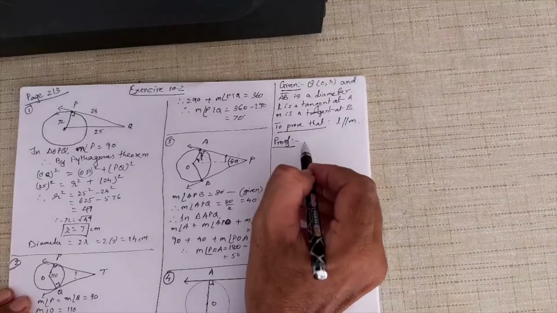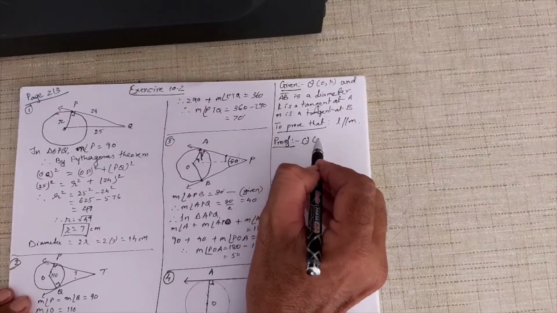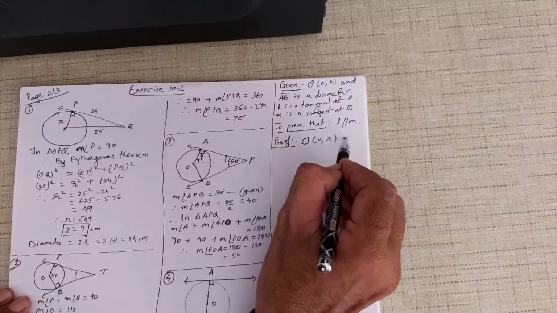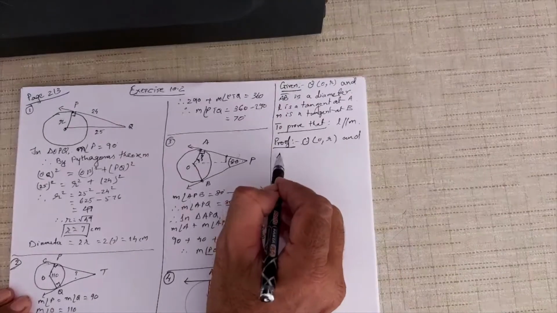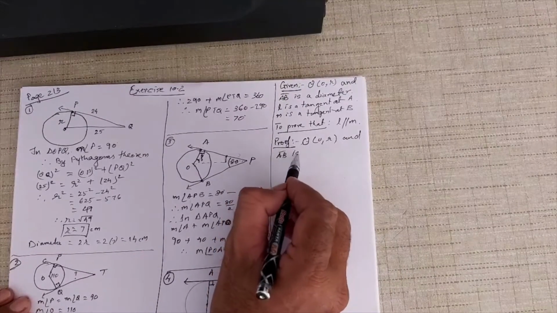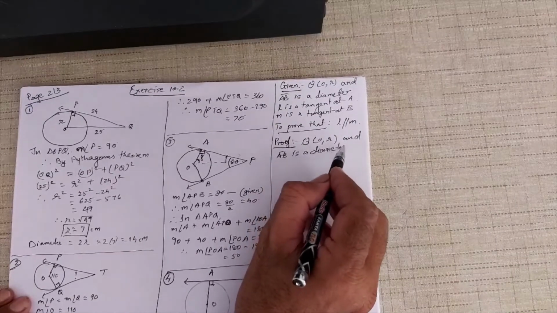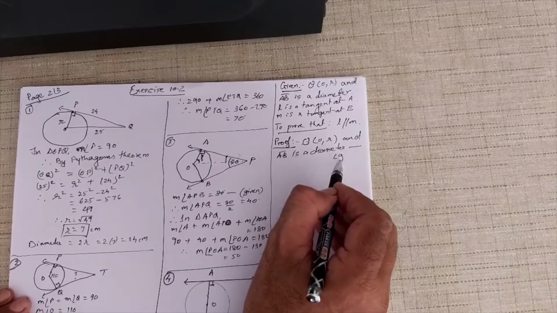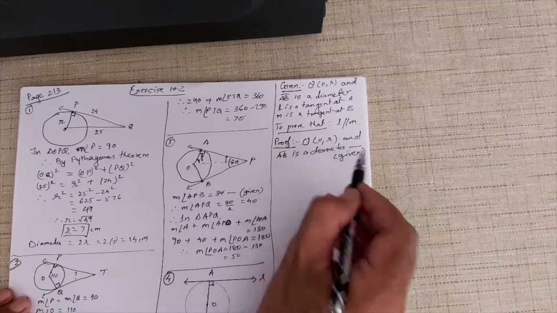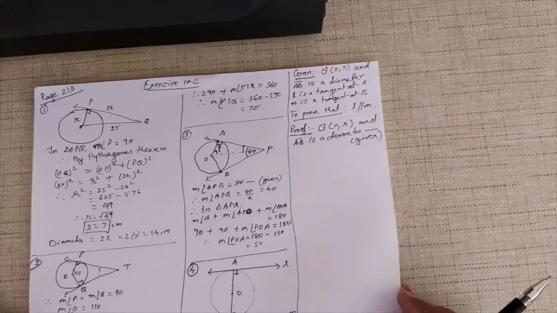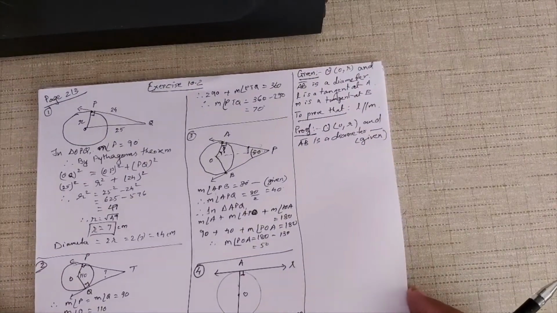First of all, start with what is given. Circle with center O and radius R, and AB is a diameter. This is given to us. So we write in brackets: given.